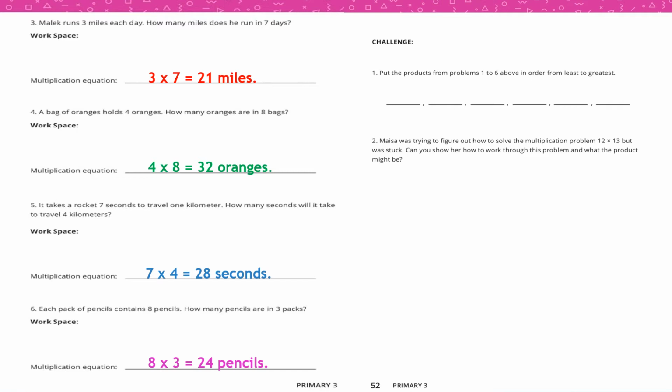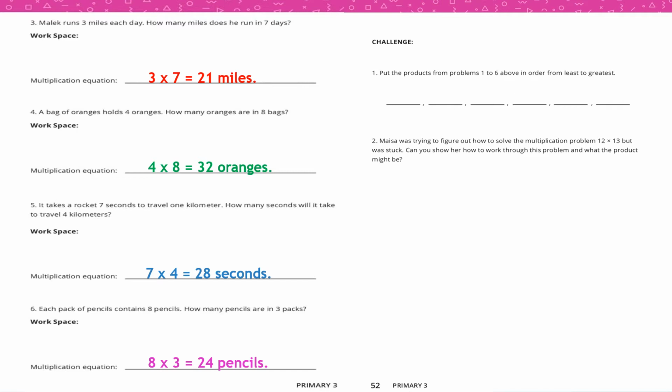Now let's put our products in problem 1 to 6 above in order from least to the greatest. From least to the greatest, it means from the smallest to the greatest. This order is called ascending order.